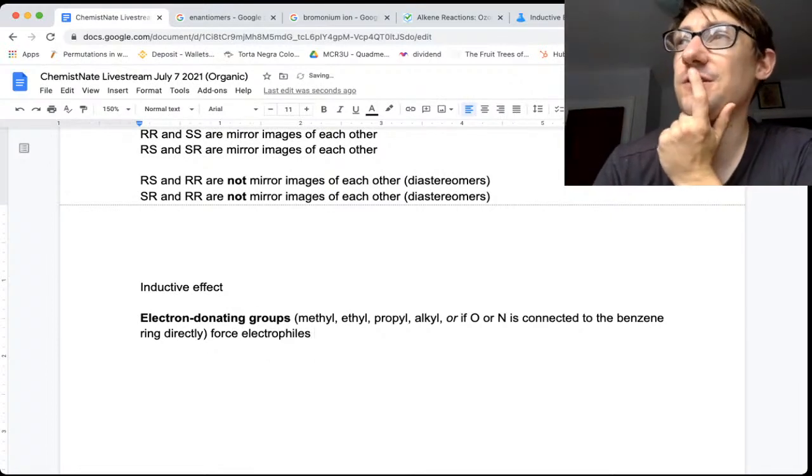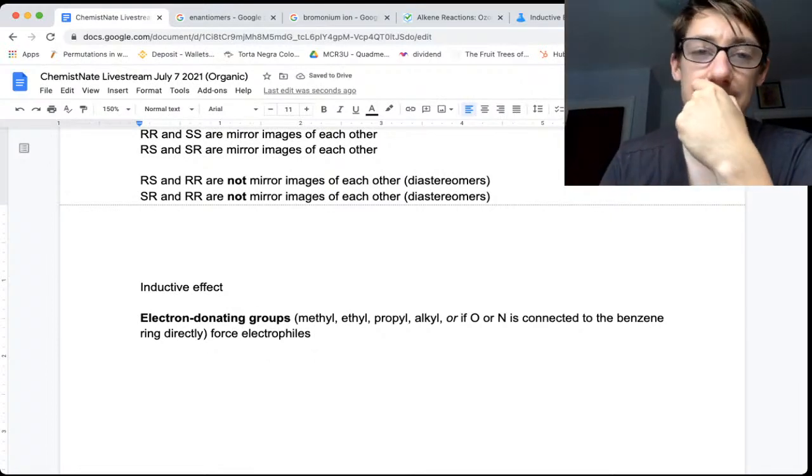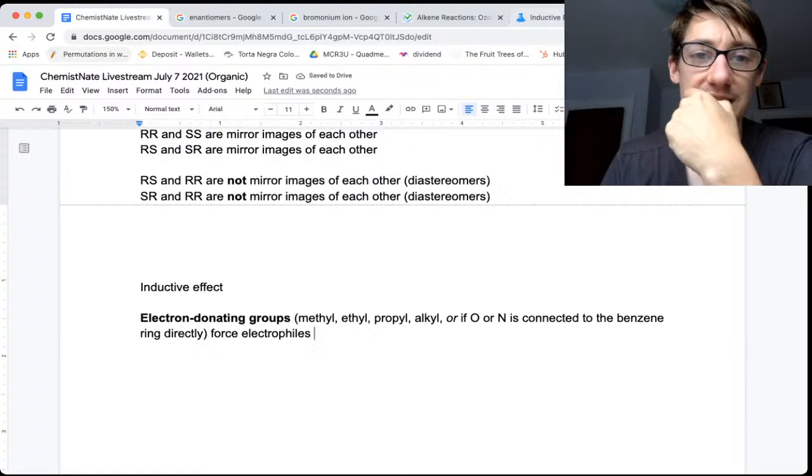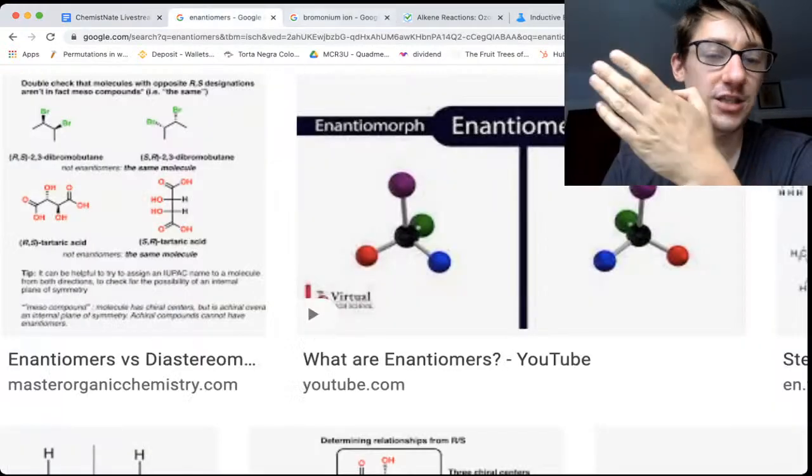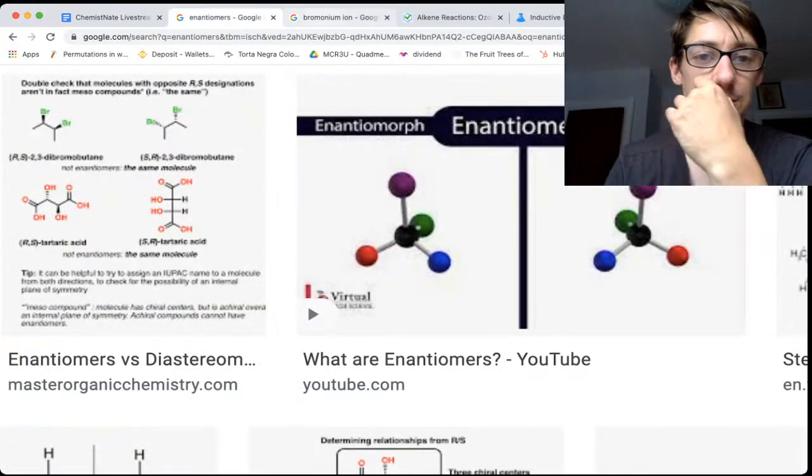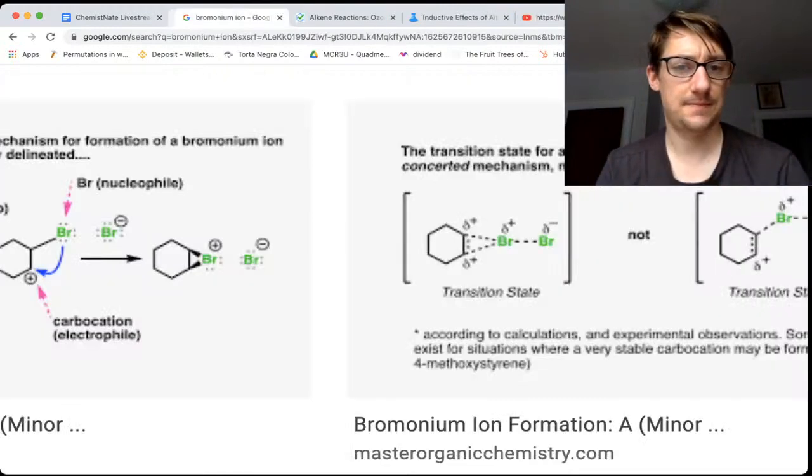Now, what are electrophiles that might attack? They just drew it as E here. I don't want to just use a letter E. I want to be able to give you some examples.